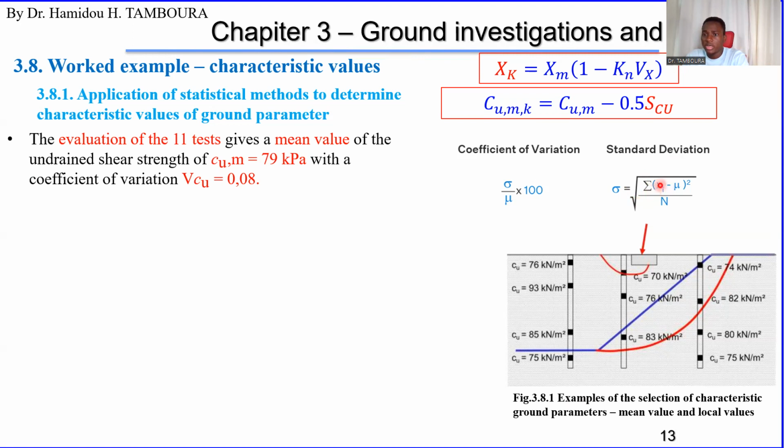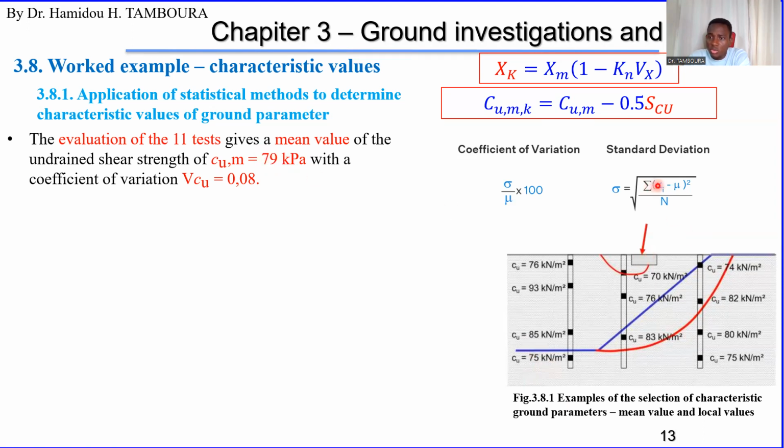Sigma, xi is like every single value, each of them is xi, okay? Mu, this one is the mean value actually, the mean here, 79. And n is the total number of samples. So if we have to calculate the standard deviation of this test, n will be 11, and mu will be 79.